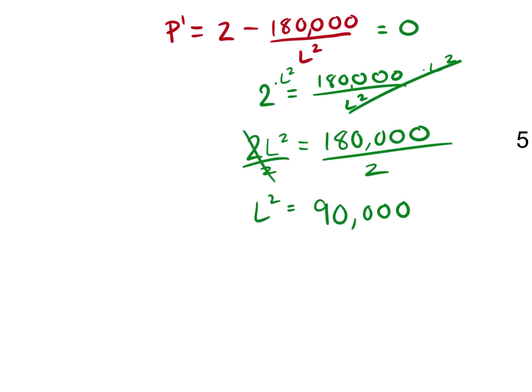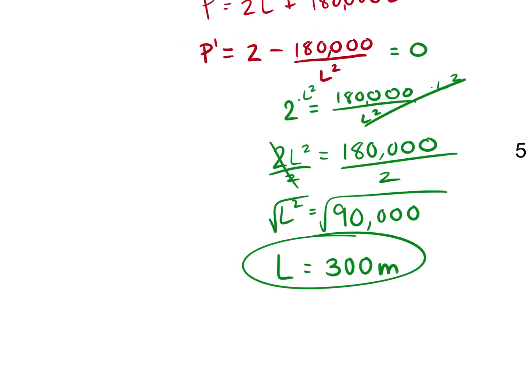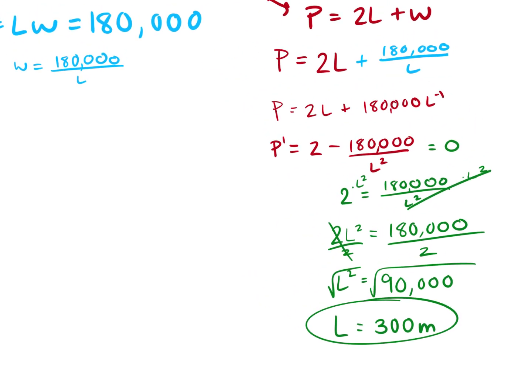What's next? Take the square root of both sides. So L equals what? 300. Perfect. 300 what? Meters. Great. So that would be our length. We found one of our dimensions. How would we find the width now? Plug it in.